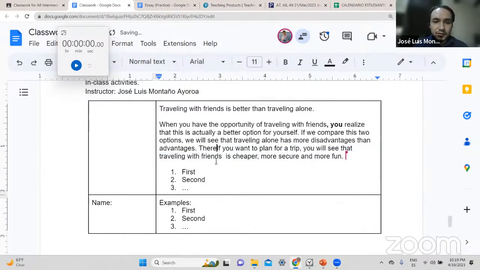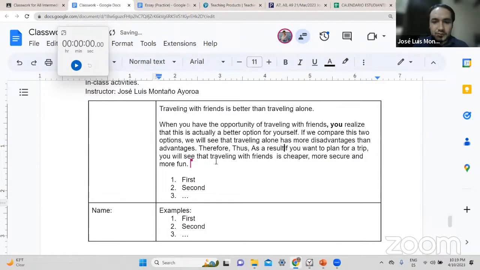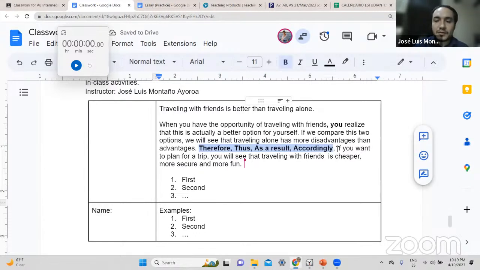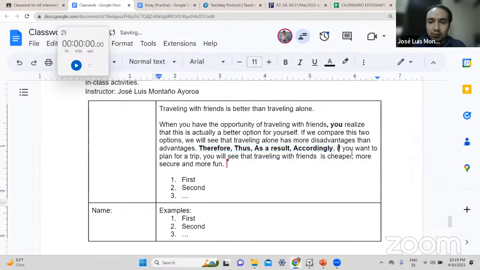You have the options on the template, or the model: therefore, thus, as a result, or accordingly. Just to show that this is my last idea and this is the result of the information I showed before.